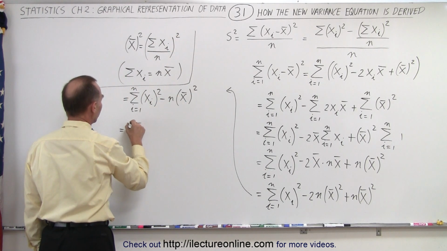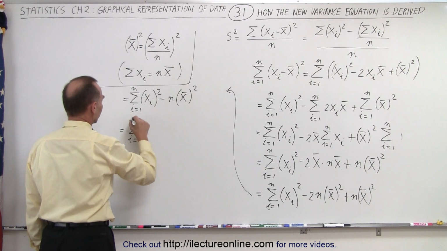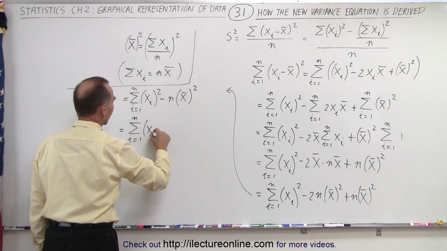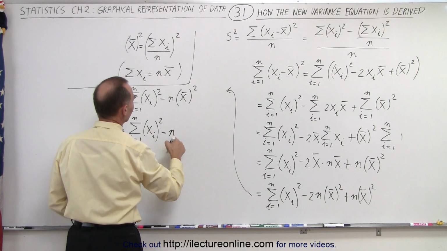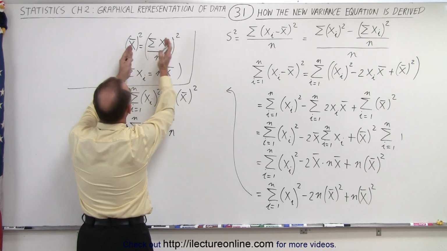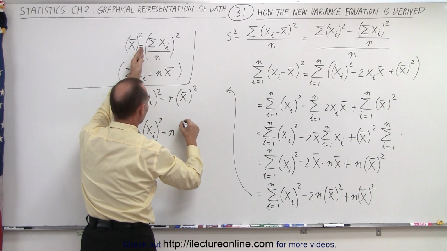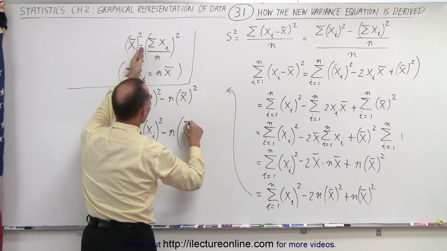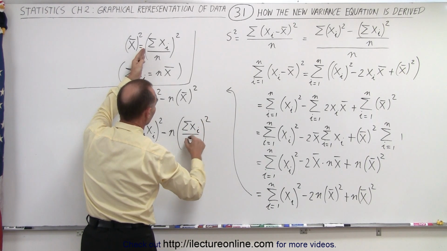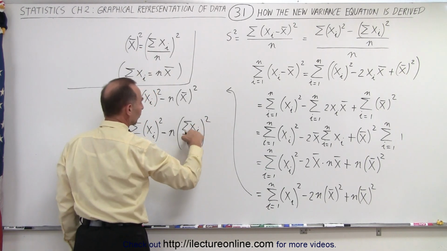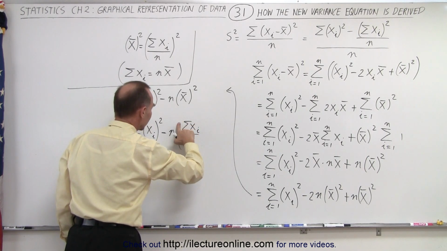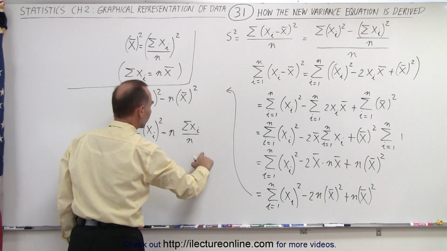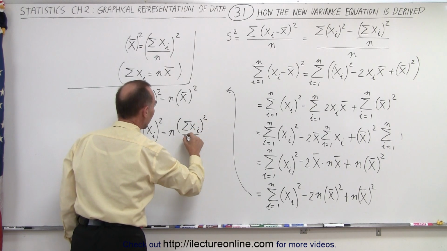This is equal to the sum from i equals 1 to n of x sub i quantity squared minus n times this quantity squared, which is equal to this. So we have the sum of x sub i, squared, divided by n. Now, of course, if I bring the square inside, then maybe I can write it like this. Let me rewrite it. So I can write the numerator squared and the denominator squared.